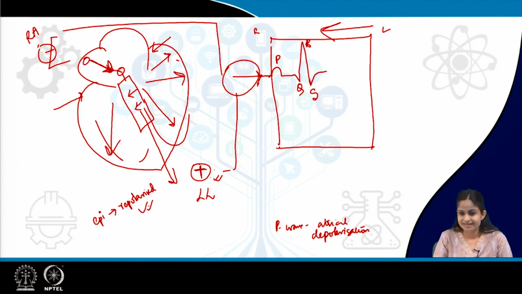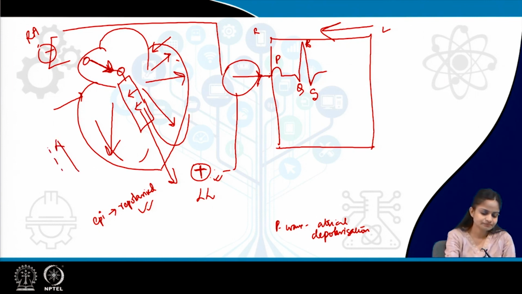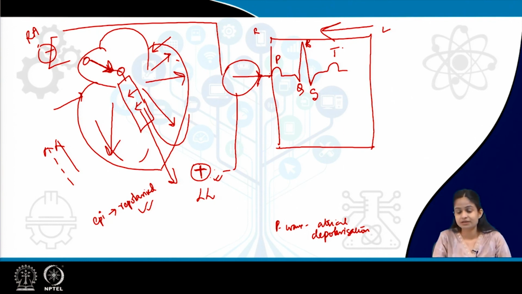So, the repolarization at the epicardium will occur first, and a negative vector or a negative electromagnetic force is moving towards the negative terminal. It will give a positive deflection, that is the T wave. That is why the T wave is positive in deflection.